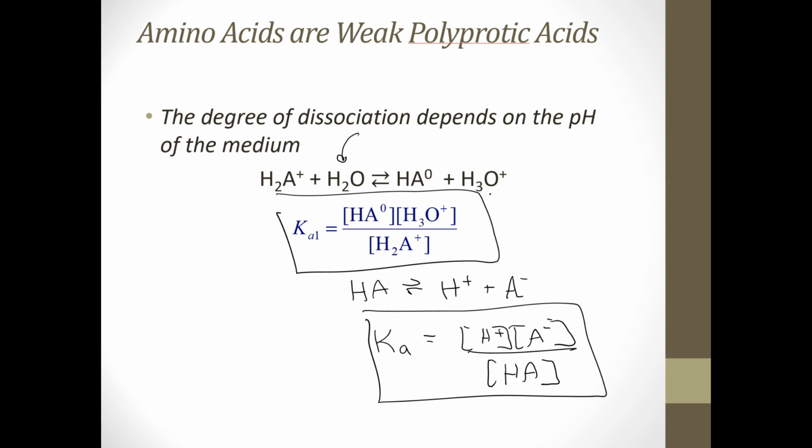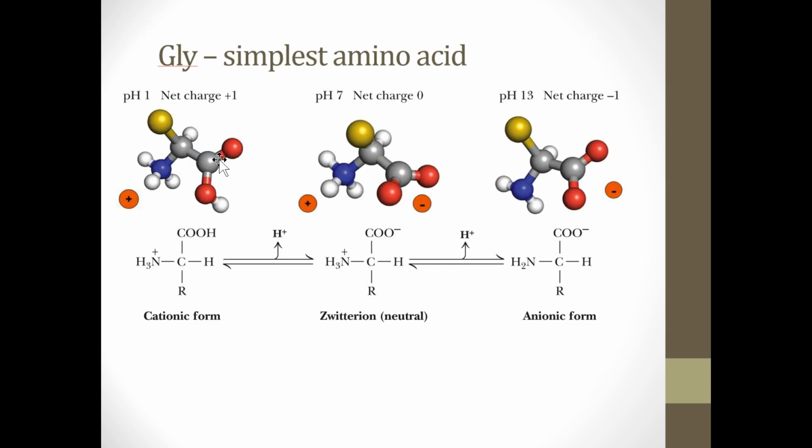Now that I've cleared up some of that, the degree of dissociation of the weak acid depends on the pH, right? We talked about that previously, where if you put a weak acid in a more acidic medium, the acidic medium will act as the acid, protonating the weak acid, preventing it from being, quote-unquote, acidic.